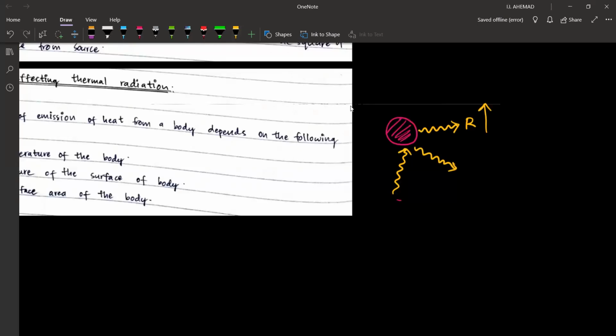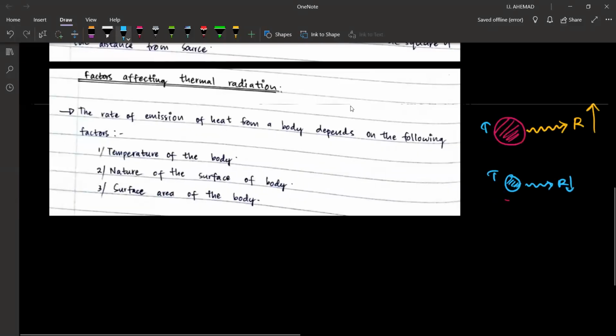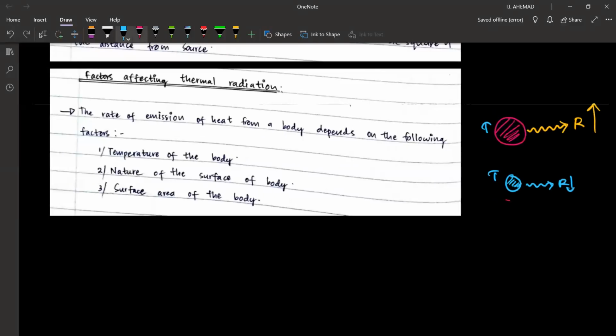A black body radiates more than a white body. And then also the size. When we have a smaller size but the same temperature, the radiation is going to be less. So these are the factors that affect thermal radiation.